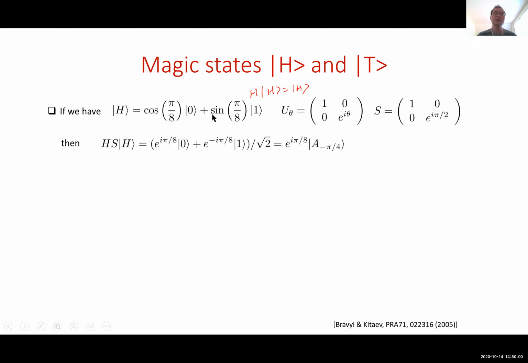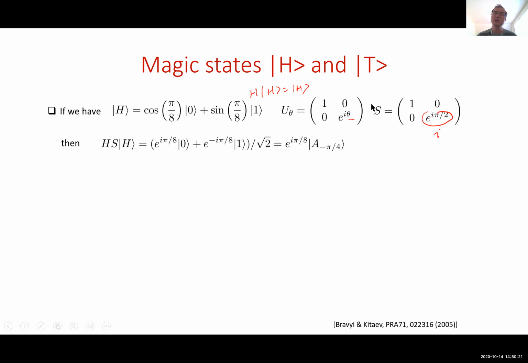This is the explicit form, and you can show that if you apply the phase gate, this is the phase gate, just our usual phase gate with pi/2. So this is I here, and this is an arbitrary phase gate.